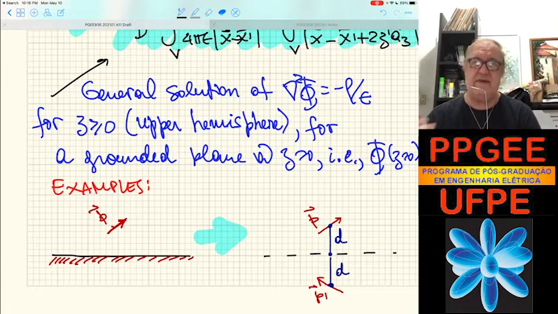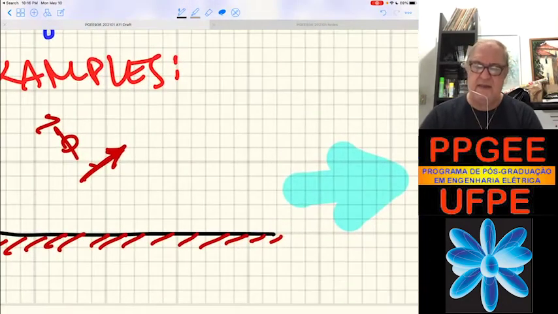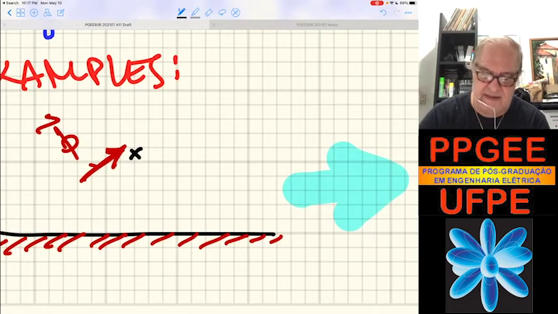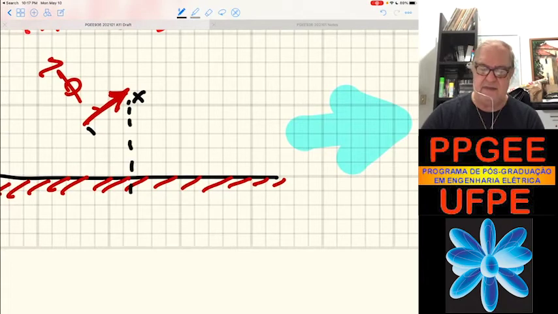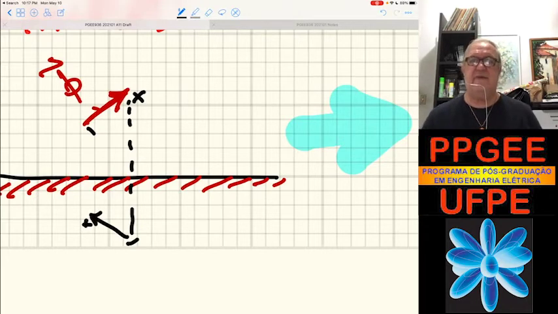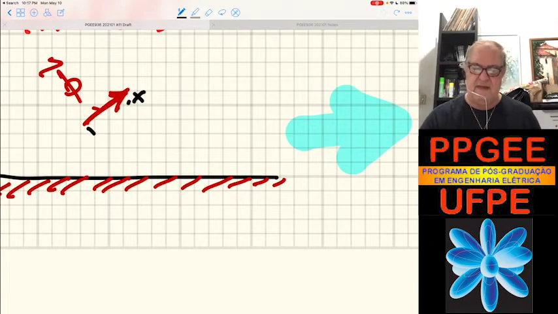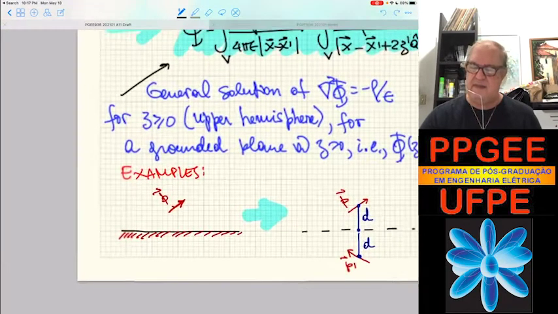Well, we have to find the image of the dipole. Now recall that the dipole has a head which is positive and a tail which is negative. So here, if you make an image, we're going to have a minus here and a plus here. So we have a dipole image like that, right? So that's what the image is.